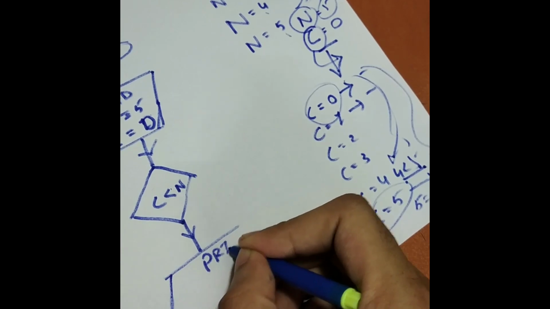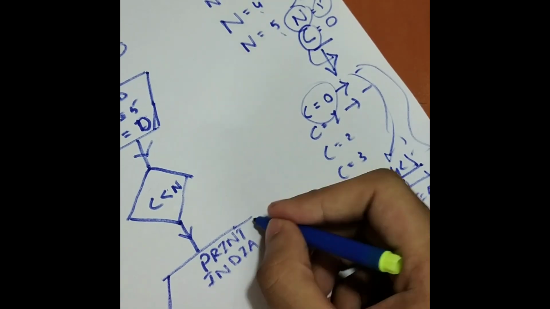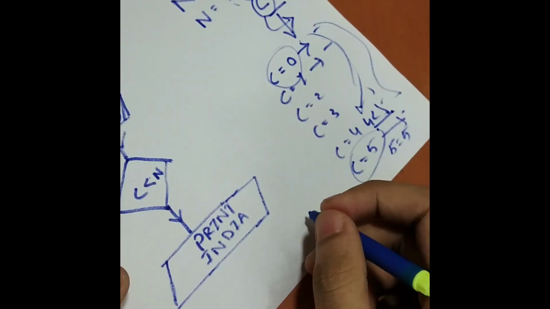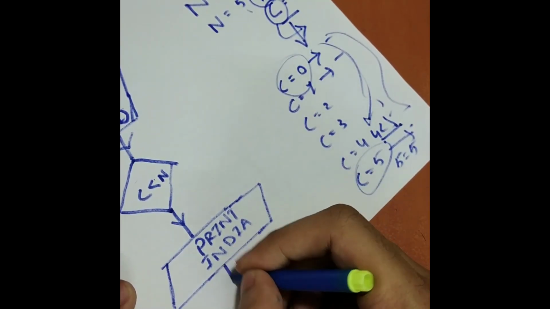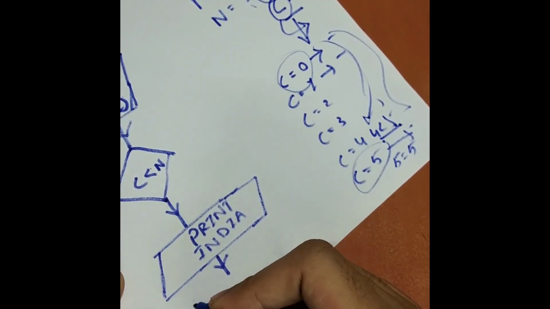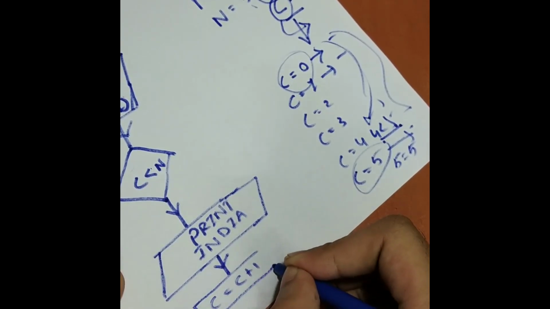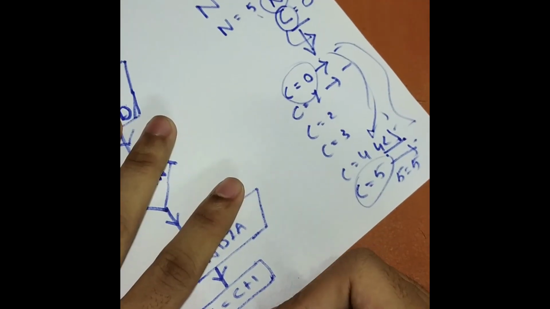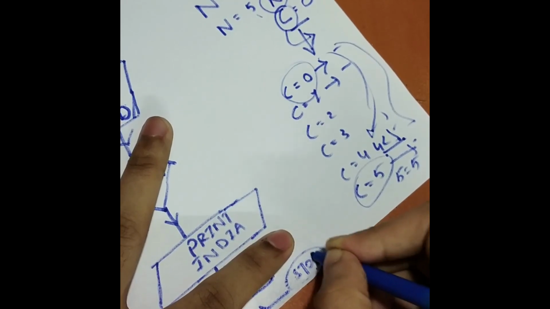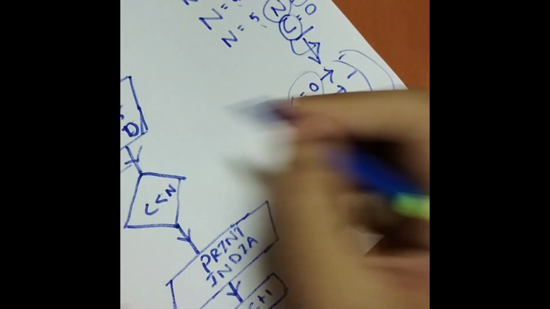Print India, then another thing to be done, that is C equals C plus 1. Then, as I have told, the stop box.